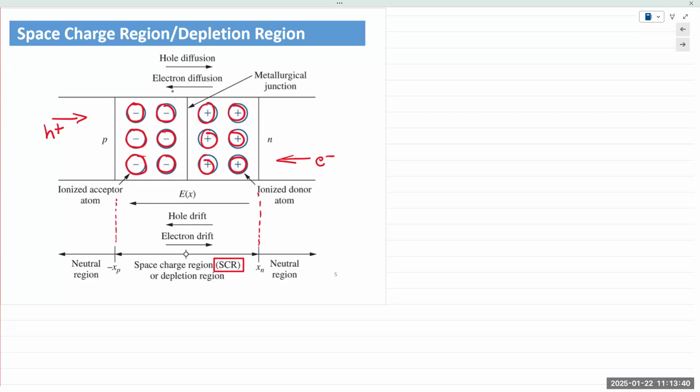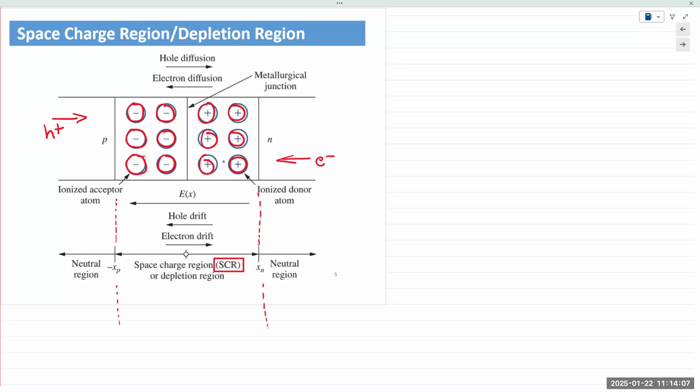And this space charge region, because it has positive ionized atoms on the n side and negatively ionized atoms on the p side, gives rise to an electric field.